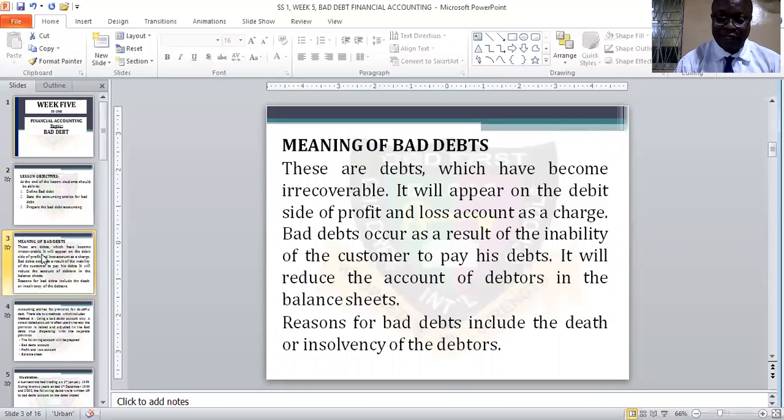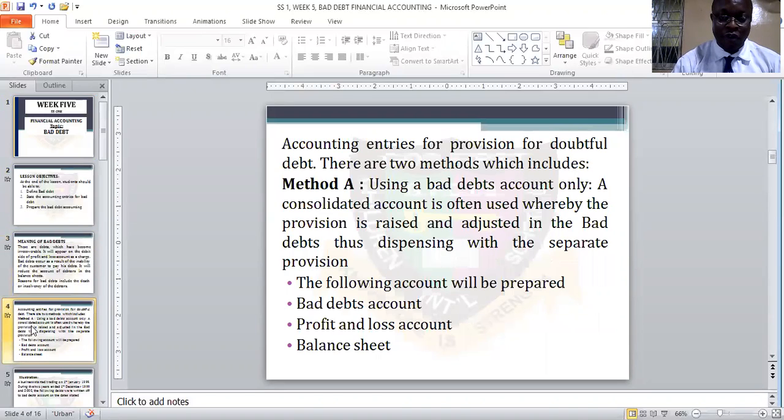This bad debt can result from death of the debtors or insolvency of the debtors. Maybe the debtor is no longer alive, or doesn't have money to pay. So these are the two reasons for bad debts.